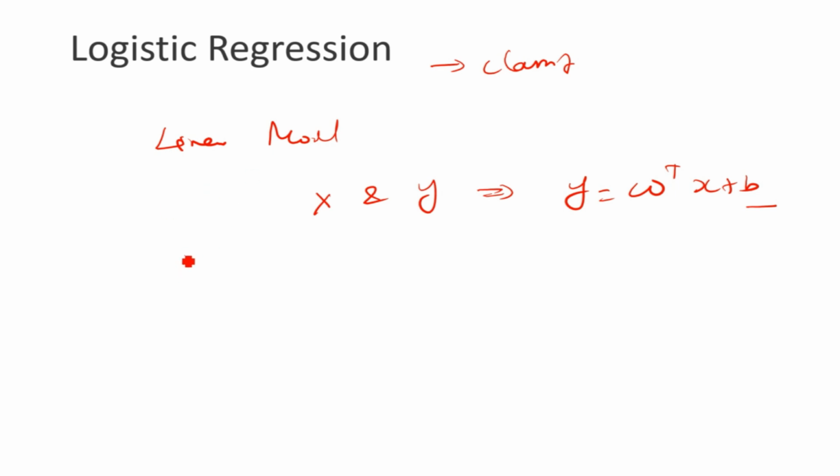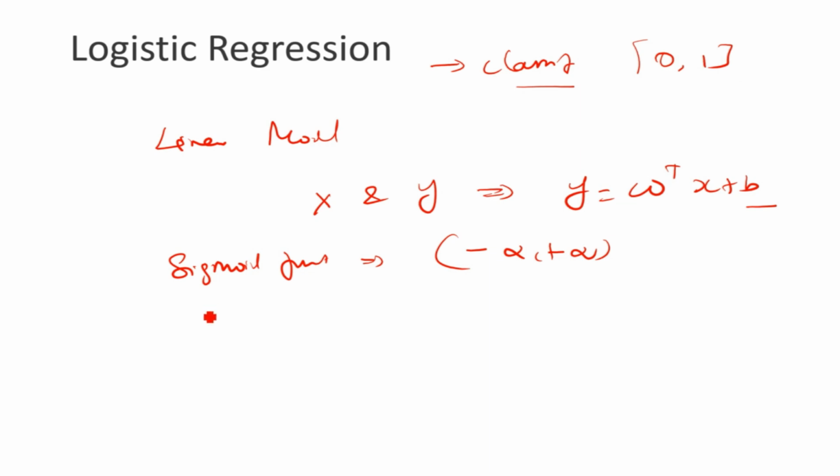So for that, what we are doing is applying the sigmoid function. And since the linear model can output any real number, from negative infinity to positive infinity, we need a transformation that maps these values into a valid probability range in classification, as 0 to 1.